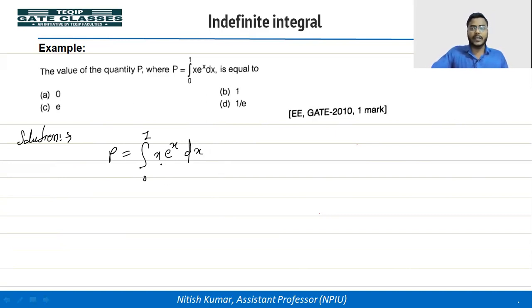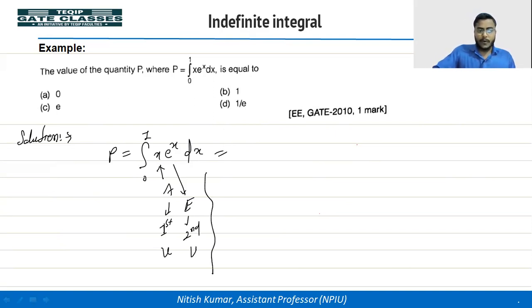The two functions are in a product, so you have to select the first function and the second function. This function is algebraic and this function is exponential. So according to the rule, this function would be the first function and this function would be the second function, meaning we can write v, and this will be u.